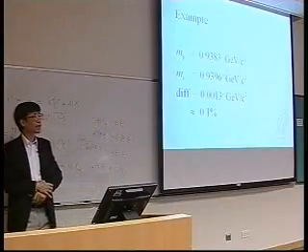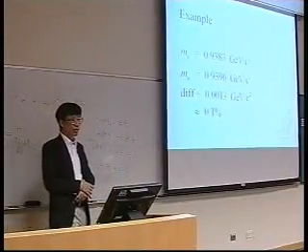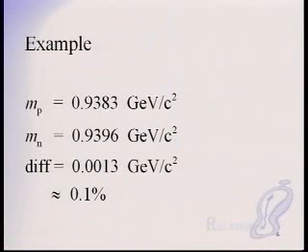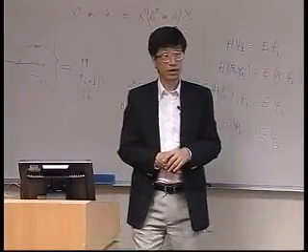Just to illustrate to what extent they are the same, if you look at their masses in GeV, one is 938, the other is 939. So they differ by only 0.1%, not even 1%. That is the level of accuracy we are talking about.